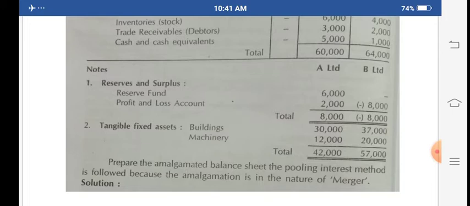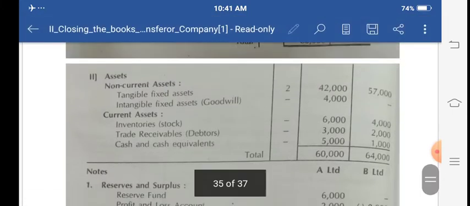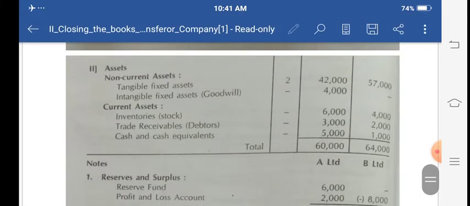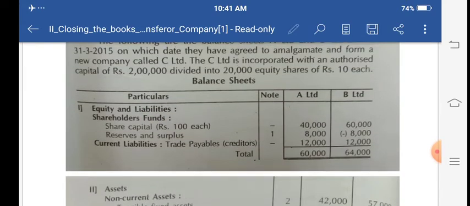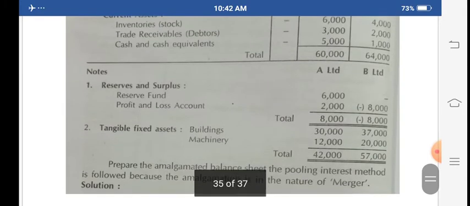The total assets are 60,000 for A Limited and 64,000 for B Limited. Now see which are the outside liabilities in the balance sheet. Under equity and liabilities, the shareholders' funds like share capital and reserve and surplus are not outside liabilities. Only the current liabilities, the trade payables (creditors), are the outside liabilities, and you have to subtract these from the total assets of A Limited as well as B Limited.